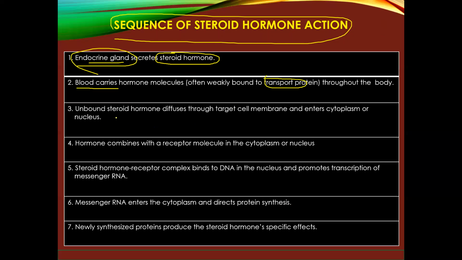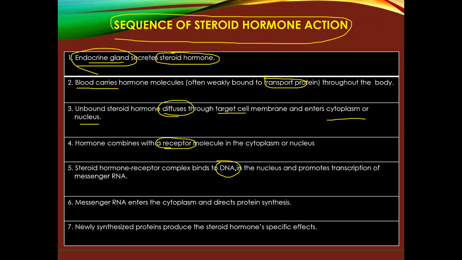And then these hormones will be released to the target cell, and diffuse into it, enter the membrane, enter the cytoplasm, and even enter the nucleus. The hormone will combine with the receptors in the nucleus, mostly on the DNA, and then it will alter the DNA.